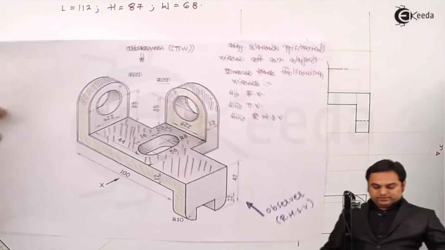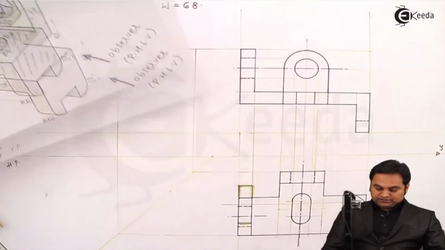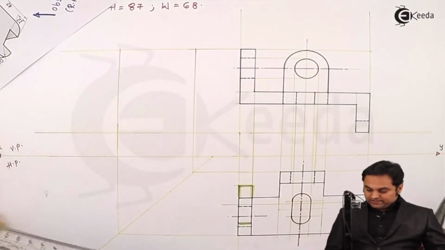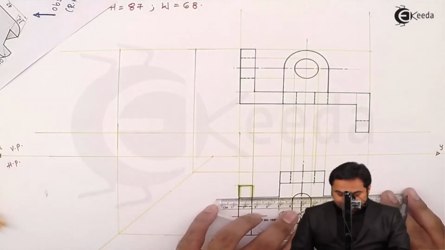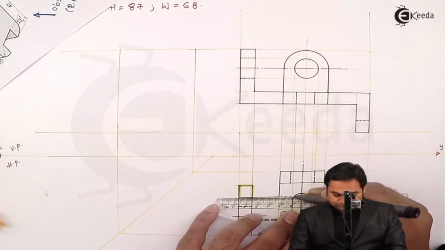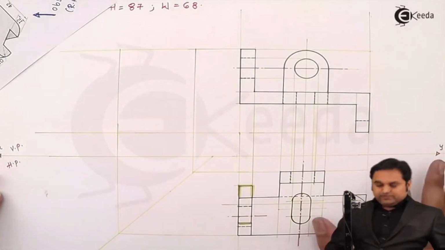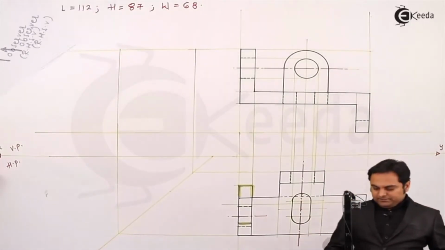Then there will also be a line at the bottom which is connecting these plates. So this line will have to be hidden. Then here I can see that the top view is being completed.